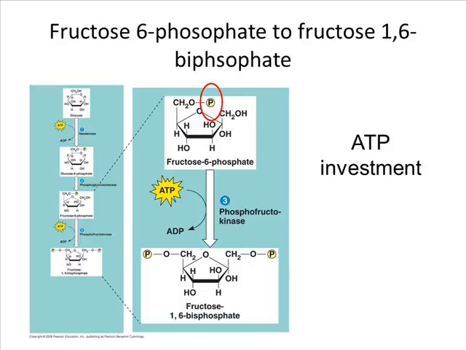And the resultant reaction gives us fructose 1,6 biphosphate. This is important, as we can see that this molecule is a symmetrical molecule. That is, it has a phosphate on both the right hand side and the left hand side. So to recap, this process has cost us another ATP. So at this stage we are minus 2 ATP.